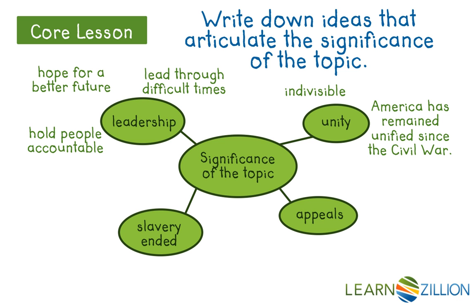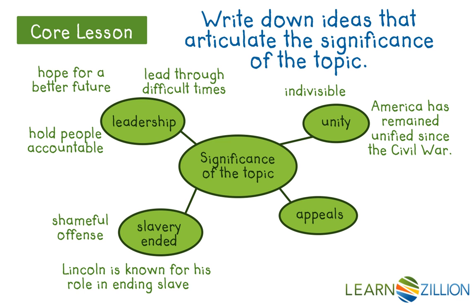And then as for slavery, it is still regarded as one of America's most shameful offenses. Lincoln is famous for his role in ending slavery in America. So his appeals are used in Lincoln's speech, and the three appeals are to logic, ethics, and emotion. So now we have a number of ideas that can help articulate the significance of the topic.